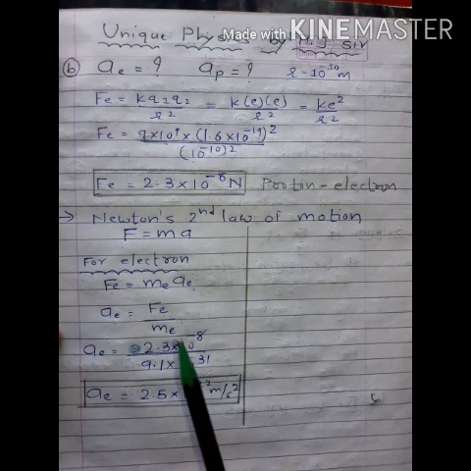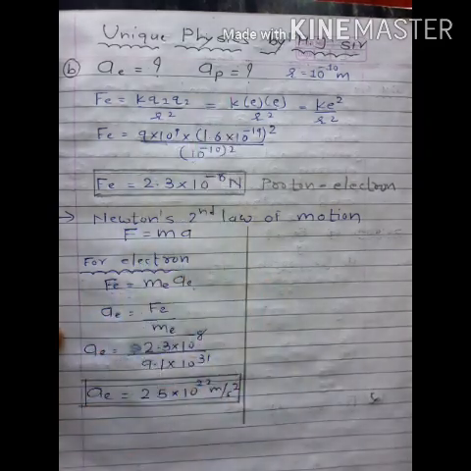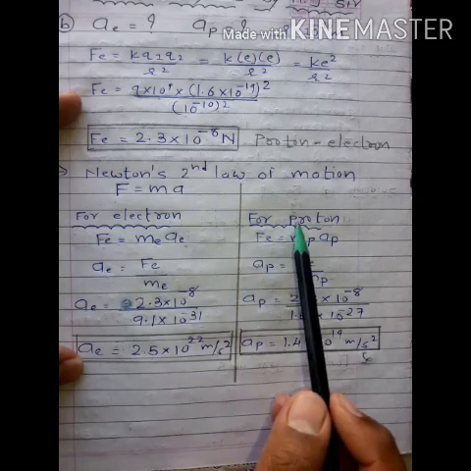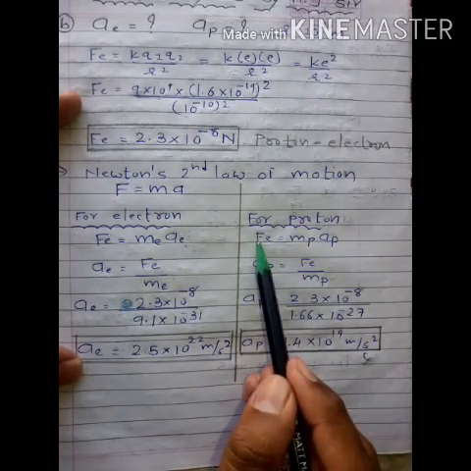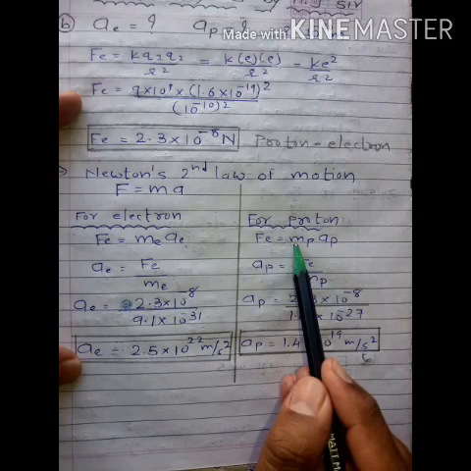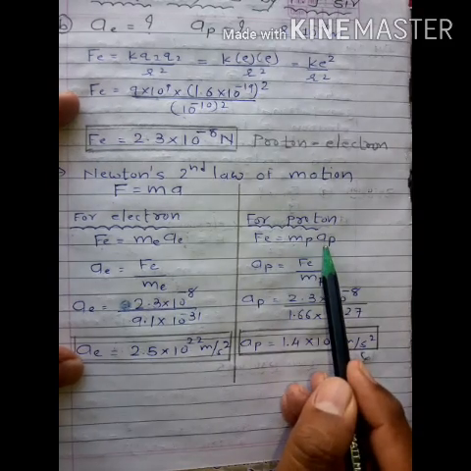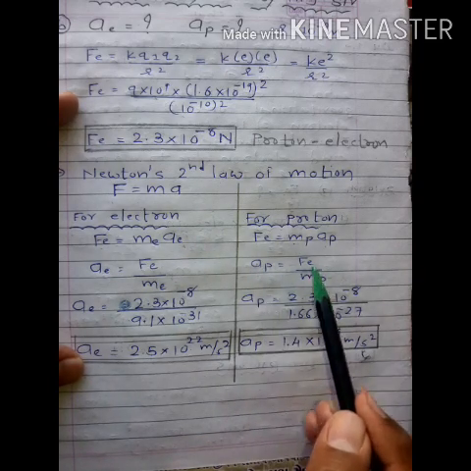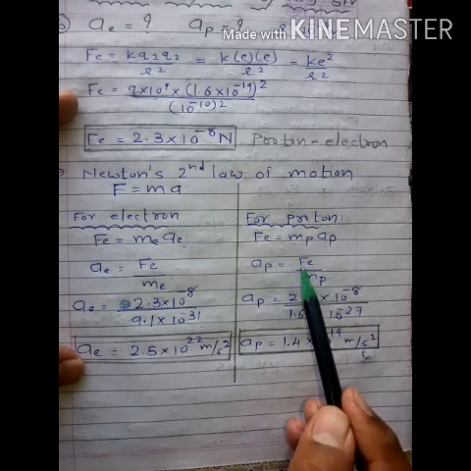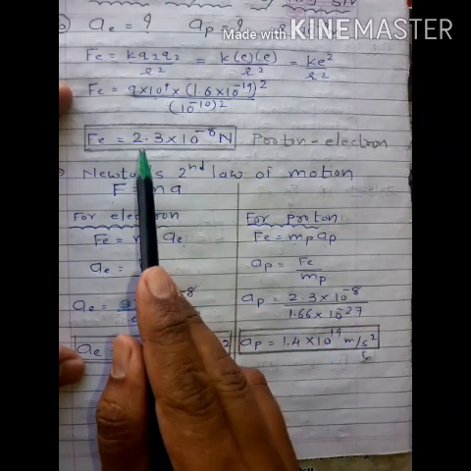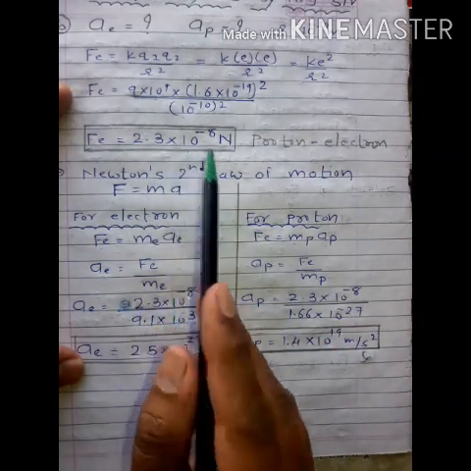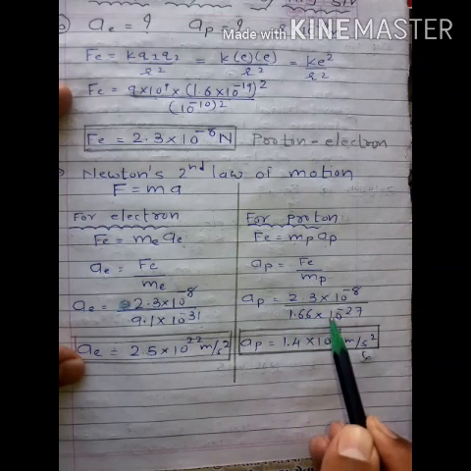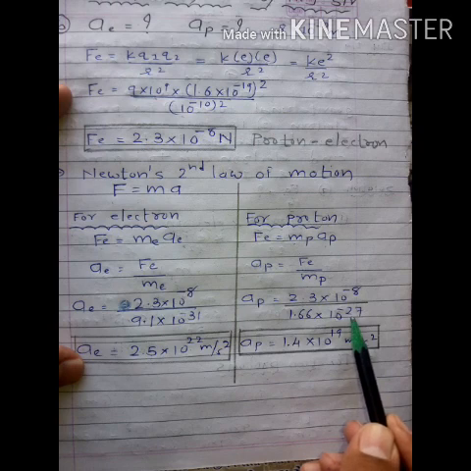Similarly, we can find the acceleration of the proton also. Now use the same equation for the proton. So electric force Fe is equal to the mass of the proton mp into the acceleration of the proton ap. Make the equation for ap. So ap is equal to Fe upon mp. Fe, the electric force, is given by 2.3 into 10 raised to minus 8 Newton, divided by mp, the mass of the proton, which is 1.66 into 10 raised to minus 27 kilogram.